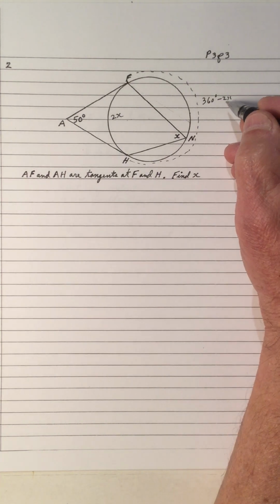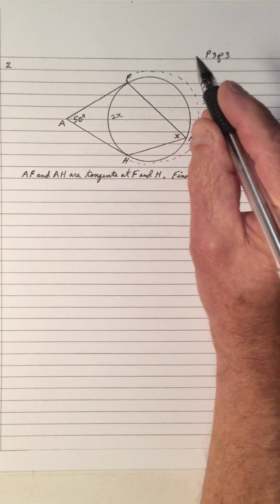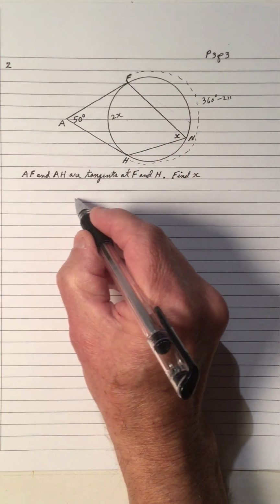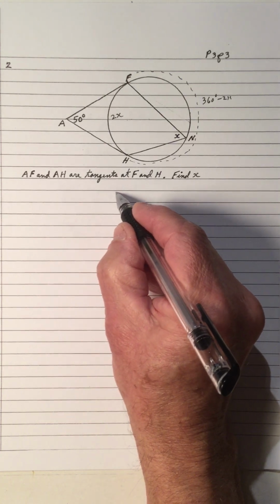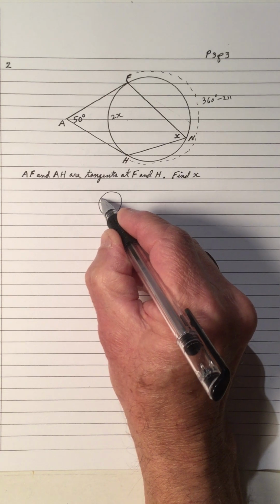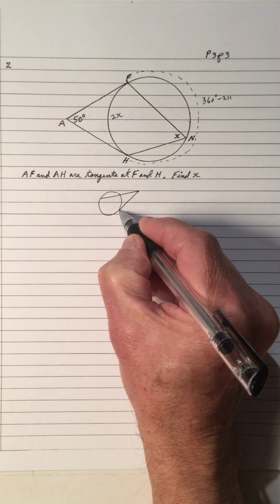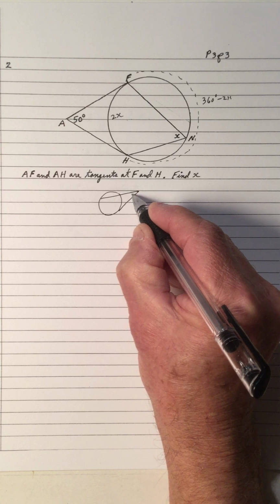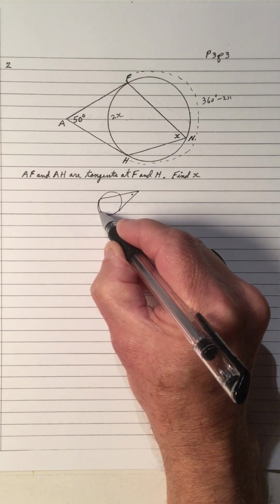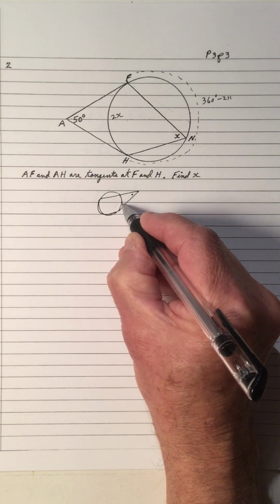Now, how are we going to deal with this further? We remember that prior to this, we had some diagrams like this. This angle here is a half of this arc minus this arc.